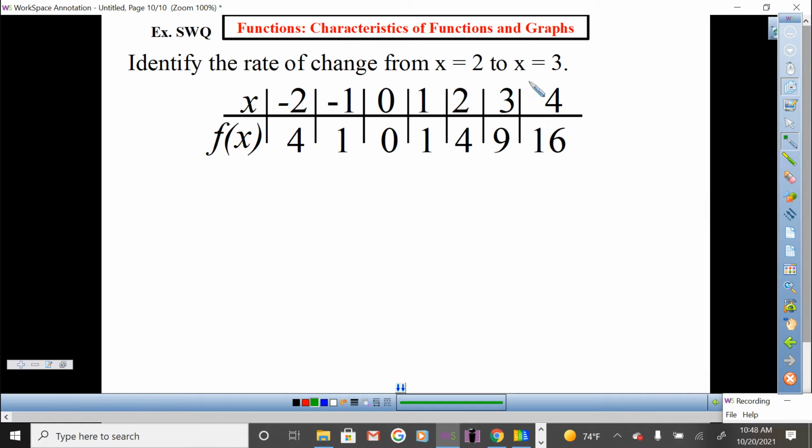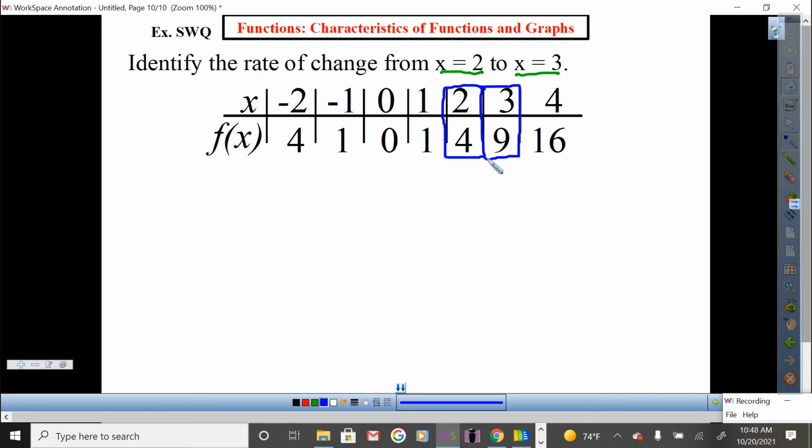So from what number to what number of x? From 2 to 3. So here's x equals 2, and x equals 3. How can we find the slope between those 2 points if they give you just numbers, without graphing, by the way?